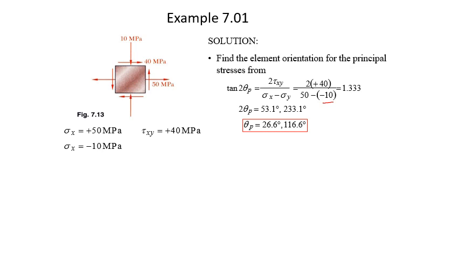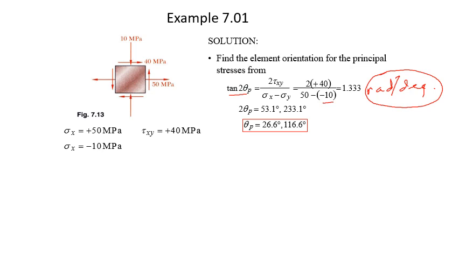And remember, when you change the angle, tangent 2 theta p, you can get the answer in radians or in degrees, depending on your calculator setting.